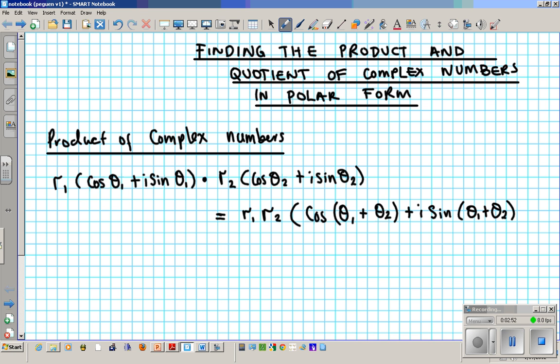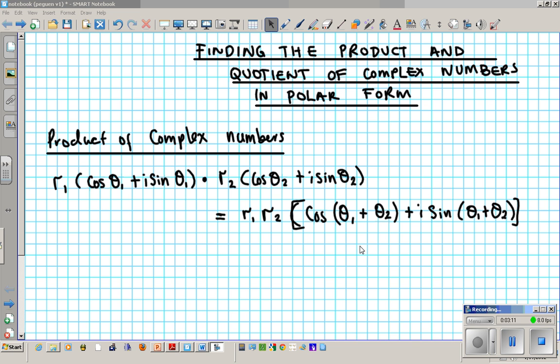So whenever you're multiplying complex numbers, all you have to do is multiply the r's and add the angles, and that's basically that. Take the cosine and the sine of the sum of the angles. Okay.